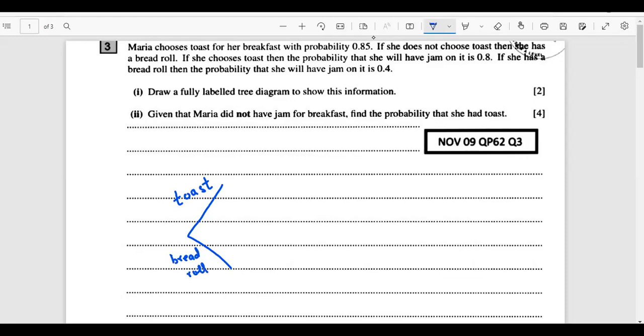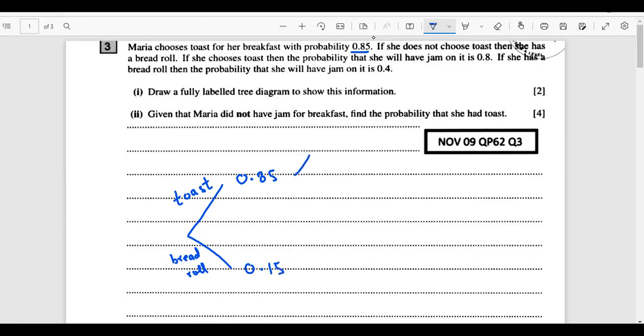What is the probability that she's having toast? It's there, 0.85. And the probability that she would be having a bread roll is something which we can find out automatically. It is not given, okay? So we know 0.15: 1 minus 0.85 is going to be 0.15.